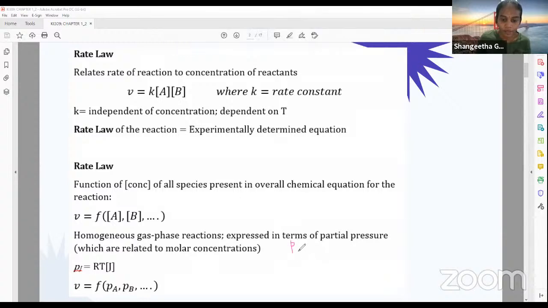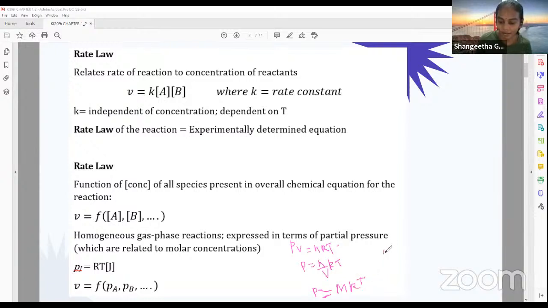So your PV equals nRT, correct? So your P equals n over V times RT. Your pressure P becomes M R T. This is an equal sign, not minus. Why?